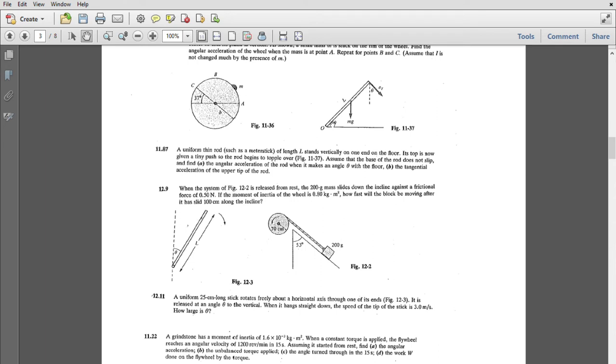So we have 1/2 times 1/3 ml squared times omega final squared, plus the change in potential energy, and we have to say, how far does the center of mass of this rod fall on the way there? So it was a distance L over 2 up, and then now it's only L over 2 times the sine of theta, so it looks like L over 2 times 1 minus sine of theta will give how far the center of mass falls down.